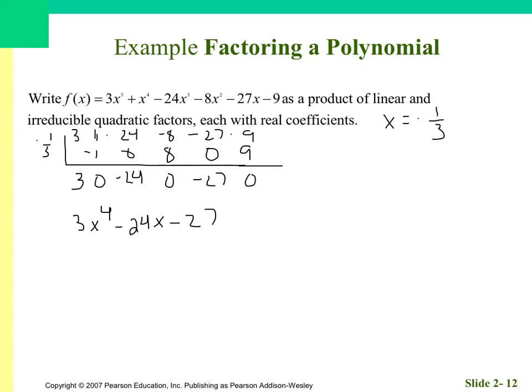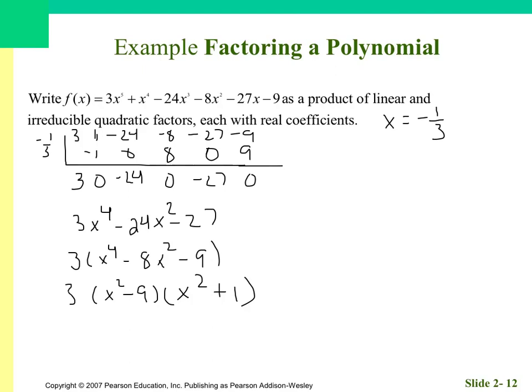Now I know I can factor out a 3. I get x to the 4th minus 8x squared minus 9. So what multiplies to negative 9 and adds to negative 8? Negative 9 and 1. We still have the 3. And this 1/3 here, that's x plus 1/3, so we have to remember to add that in at the end.